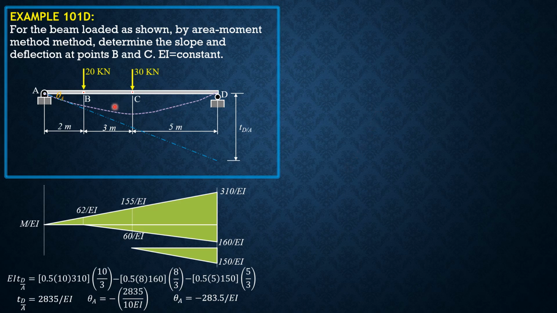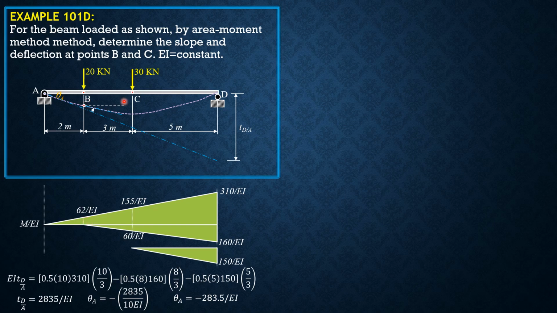Then we draw the tangent to B, and let's evaluate this angle. This is theta AB, the angle between A and B. If it is correct, as in the figure, the rotation is counterclockwise from A, so it is positive, and it is simply the area between A and B in the moment diagram by parts.